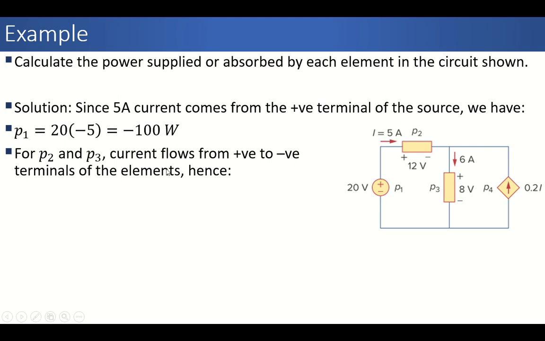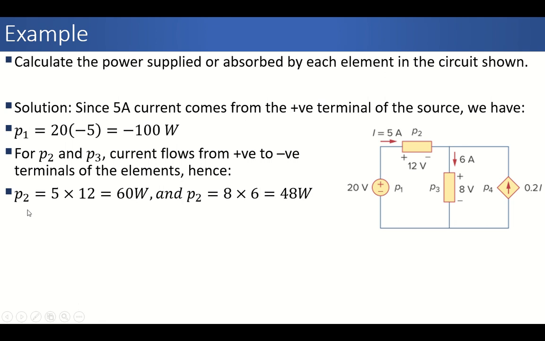For P2 and P3, the current flows from the positive to the negative terminal of the elements. You can see that we are already given that this is the positive terminal, this is negative, this is positive, and this is negative. Since these are passive elements, they must be absorbing power, so the power absorbed by these devices will be positive in each case.